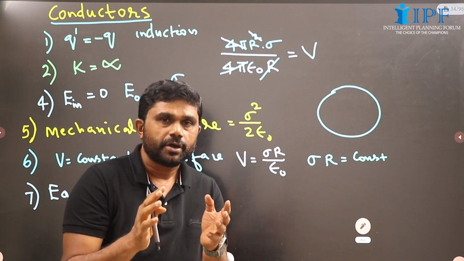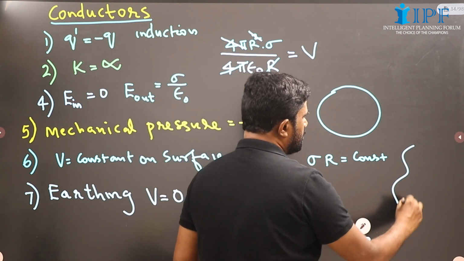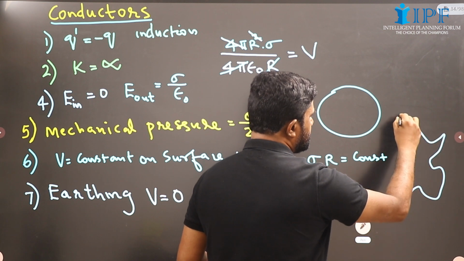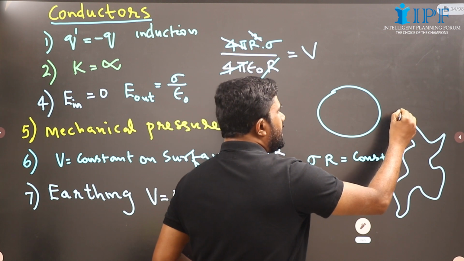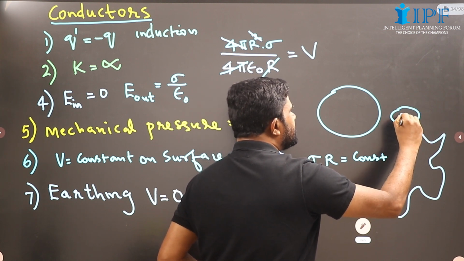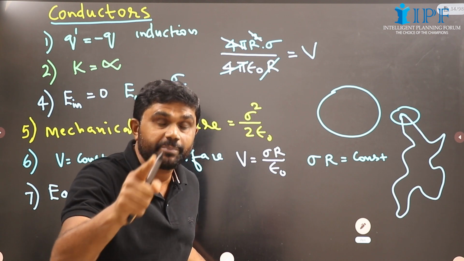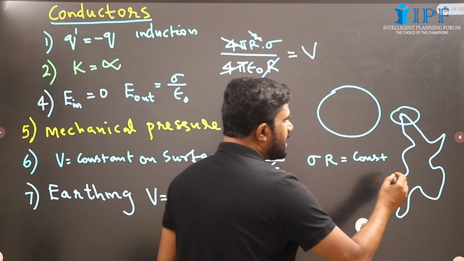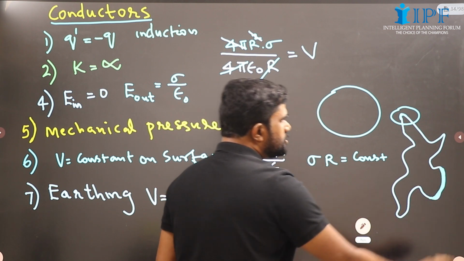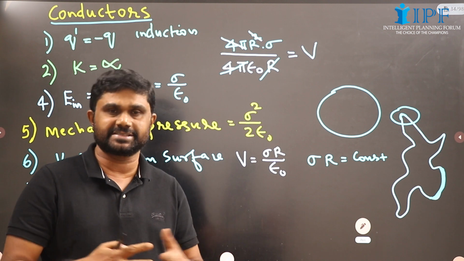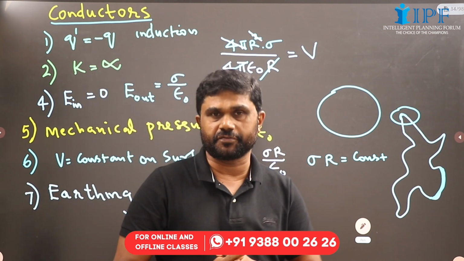But suppose we have an irregular body like this. Now children, here the radius is small, so the surface charge density will be more. But here the radius is more, so the surface charge density will be less, because sigma r is constant everywhere on the surface of a conductor.